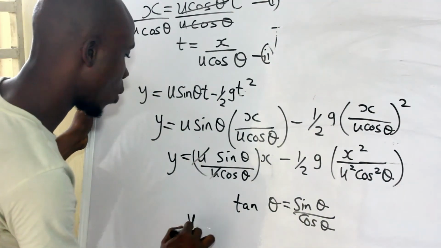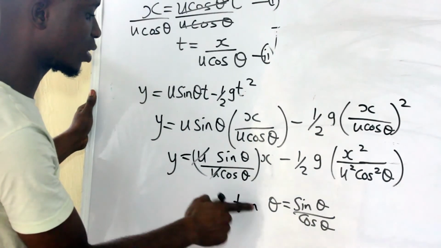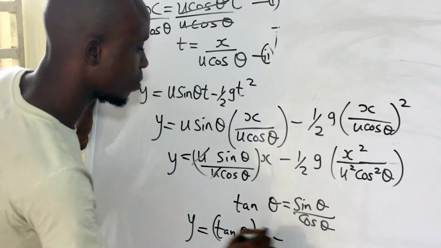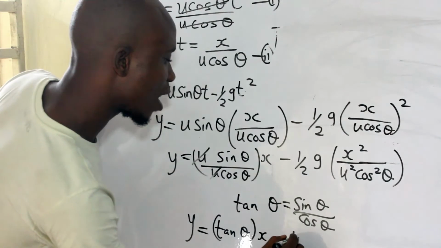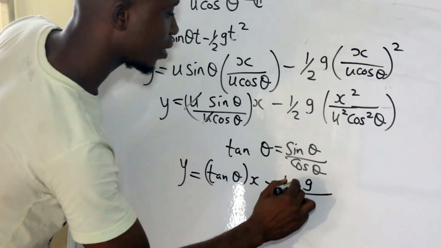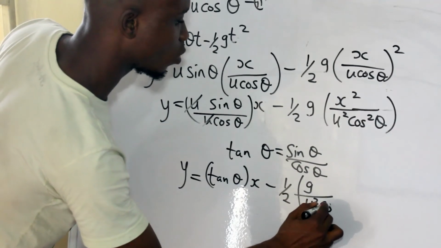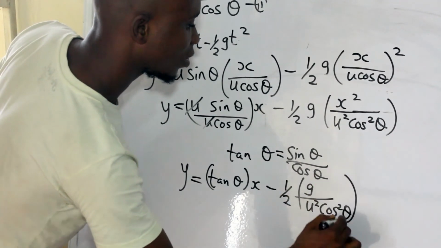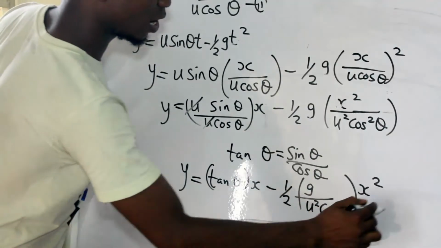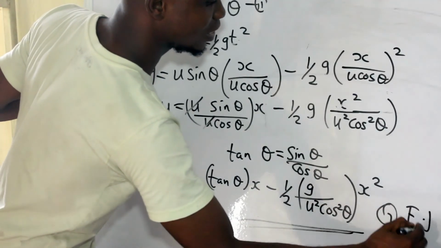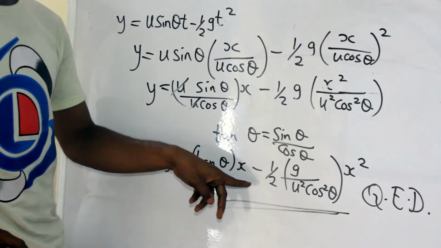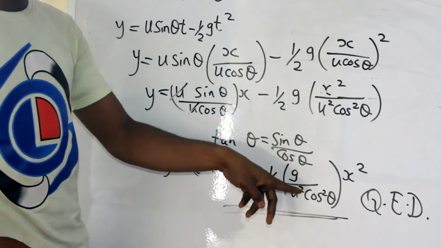So this becomes y equals tan theta x minus half g all over u squared cos squared theta, and I can take out my x squared. Quite easily done. So we have y equals tan theta x minus half g all over u squared cos squared theta x squared.